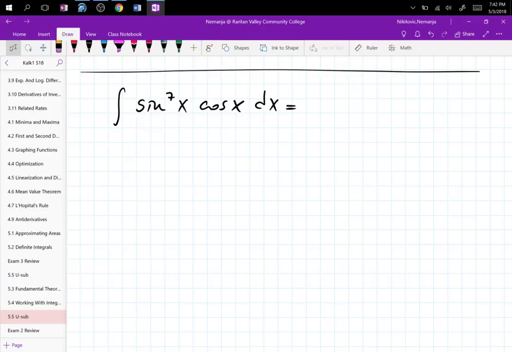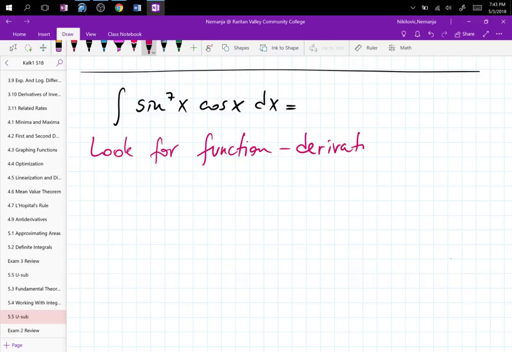In order to solve the problems when they become a little bit trickier, I generally ask students to look for what I call a function derivative pair. That is obvious in the previous example with e.